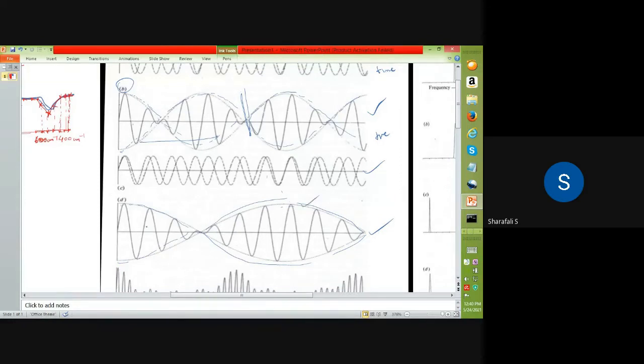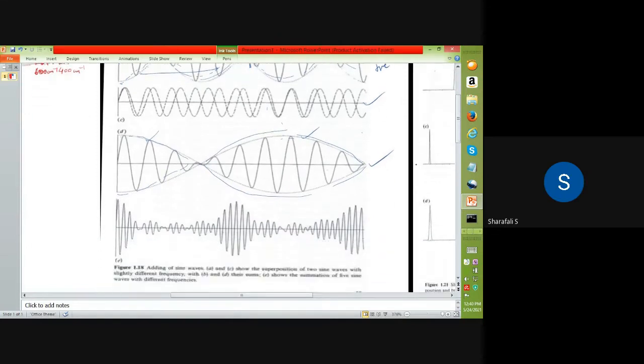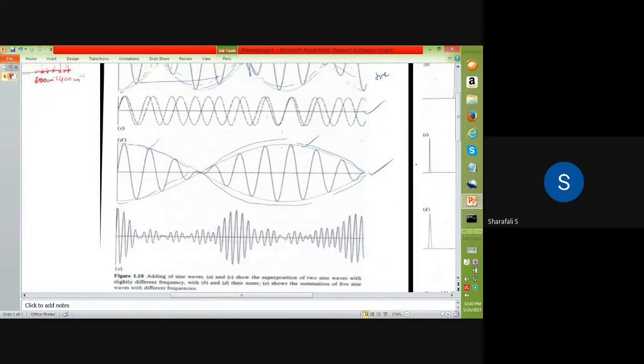So here we have only half of the beat as compared to this particular pattern, which is called beat frequencies, similar to that of musical notes. So this is the structure.